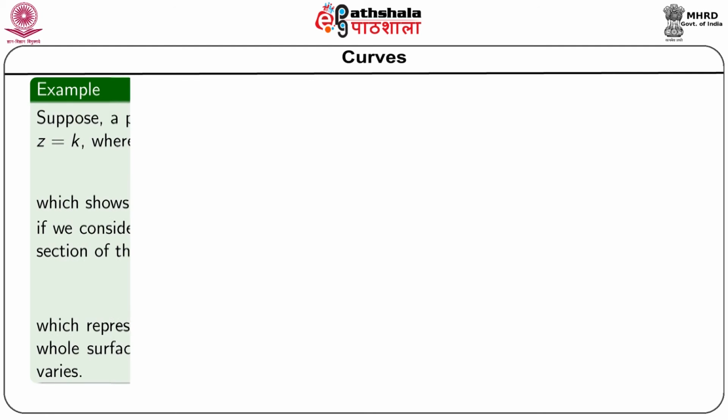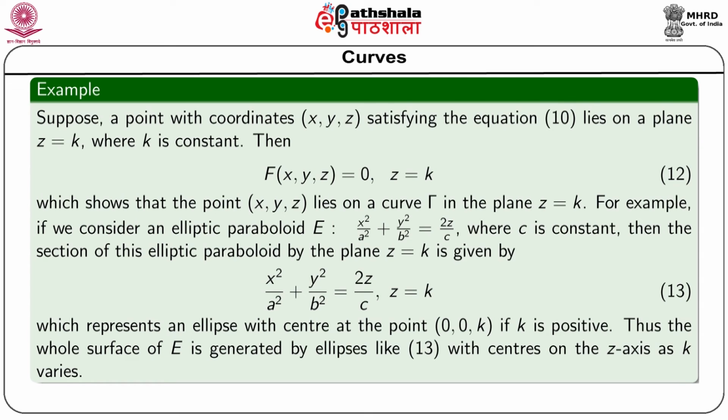So, if in this equation we put z equals k, then this equation will give the equation of an ellipse.